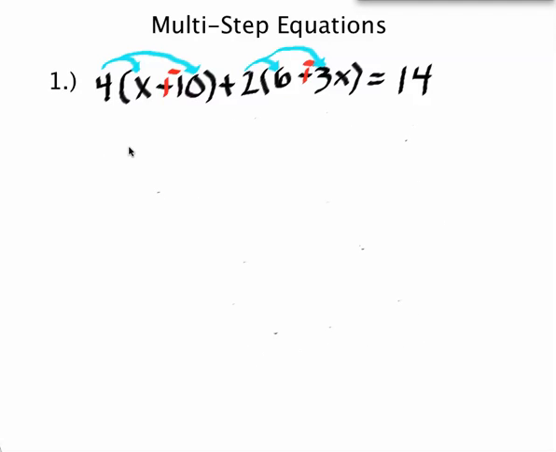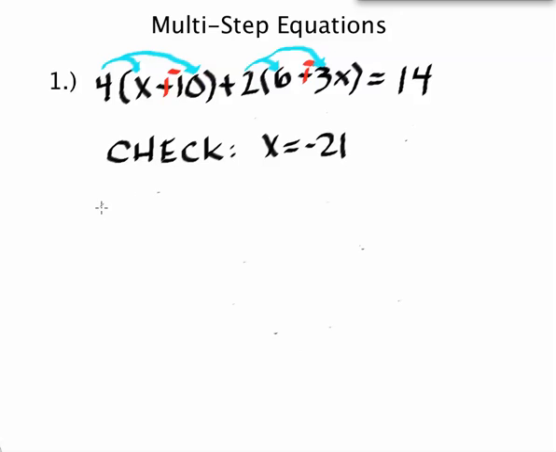Alright, so to run this check, as you can see, I left the original problem up top, and x was equal to negative 21. I'm going to sub in, wherever I see an x in that problem, a negative 21.